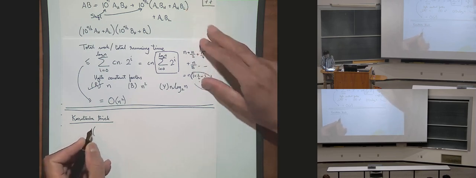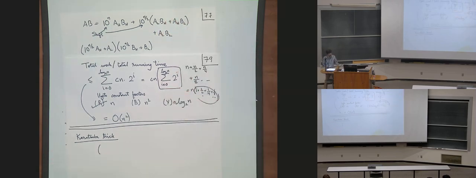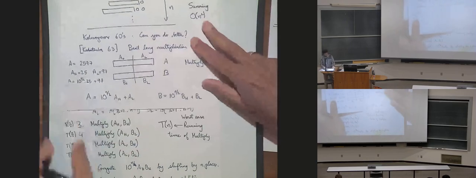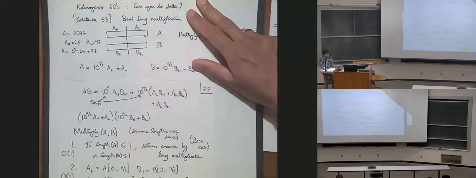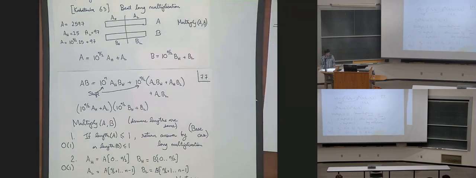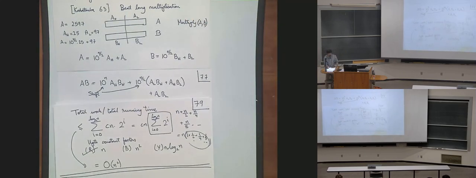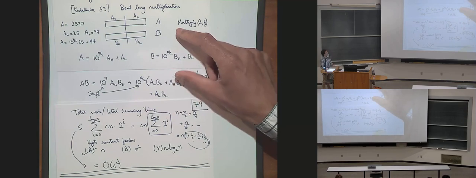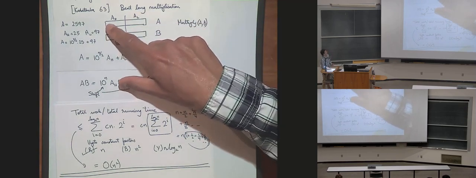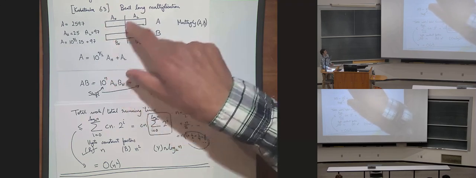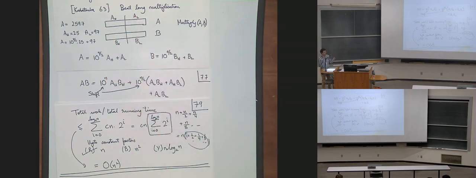So recall, just to get all the pictures in one place, this is what we had, right? When you're doing multiplication, you're basically doing this cross multiplication, which makes sense.